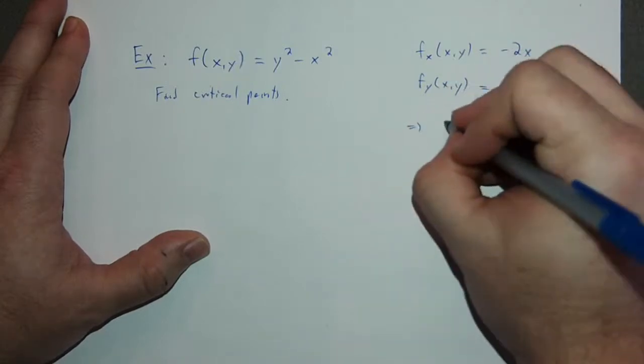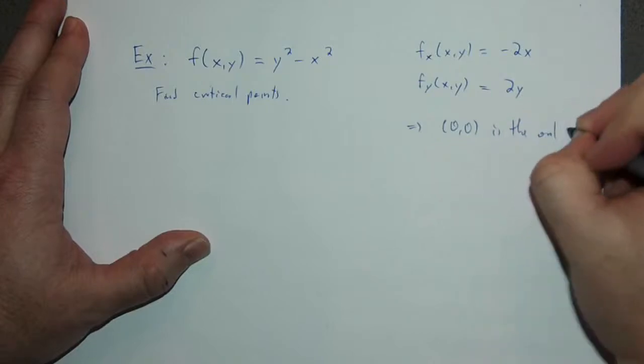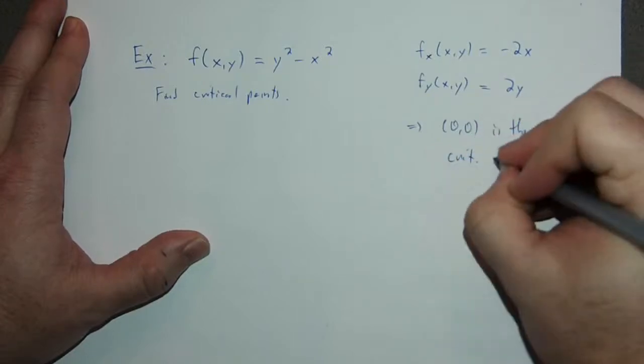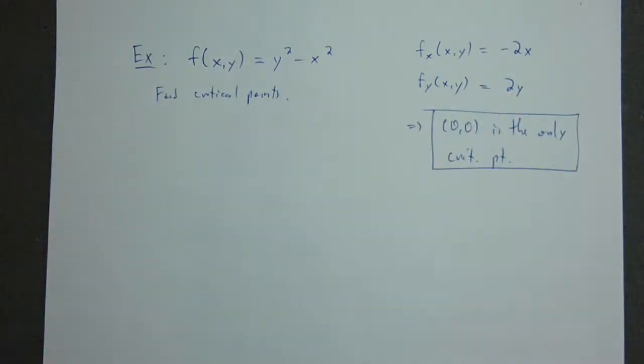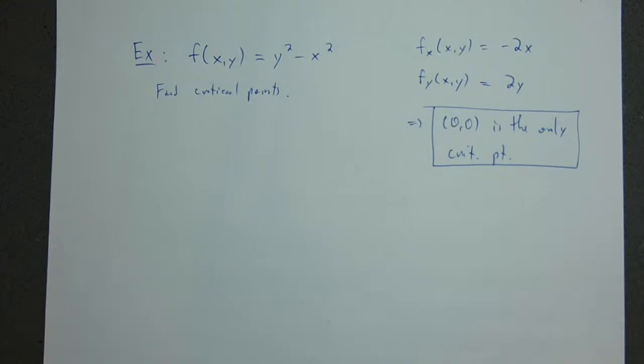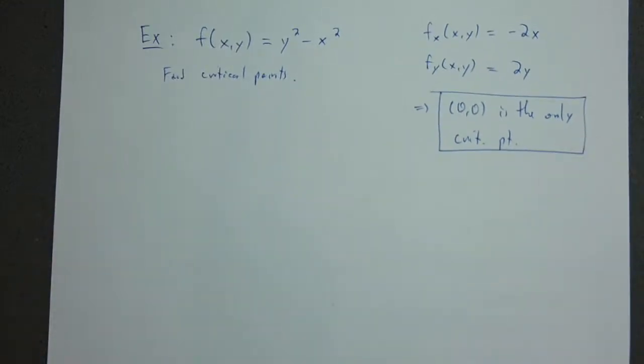So (0, 0) is the only critical point here.